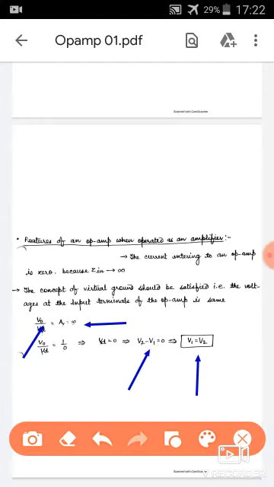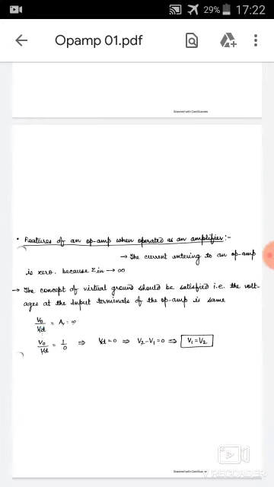This basic characteristic will be used in an infinite variety of applications whenever we use operational amplifier. So in this lecture we have studied the characteristics of a good amplifier or ideal operational amplifier. Then we discussed the block diagram of op-amp. After that we studied the modes of operation, one is open loop and the other is closed loop. Then we studied the basic definition of op-amp and its special feature when it is operated as an amplifier.